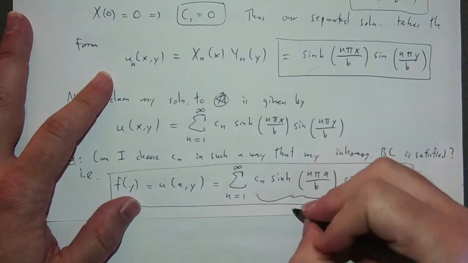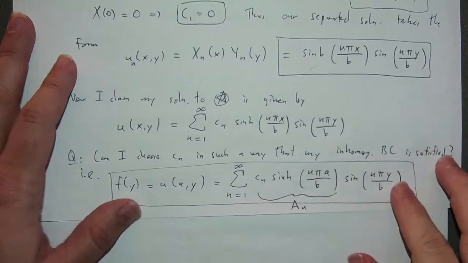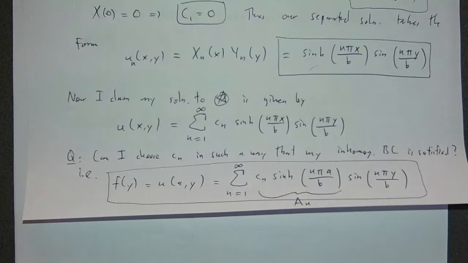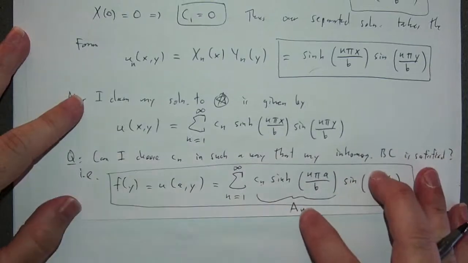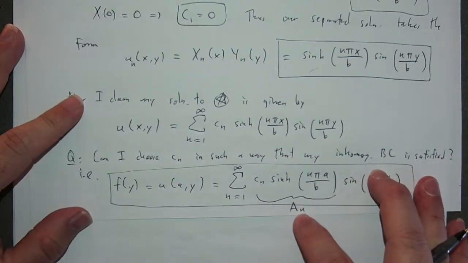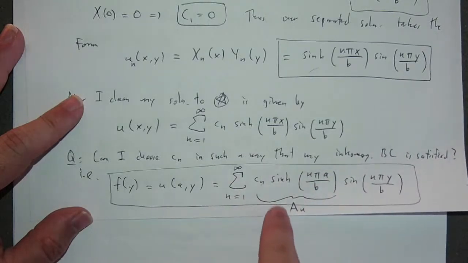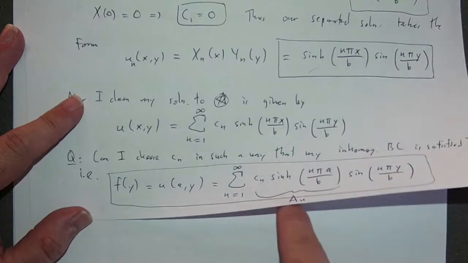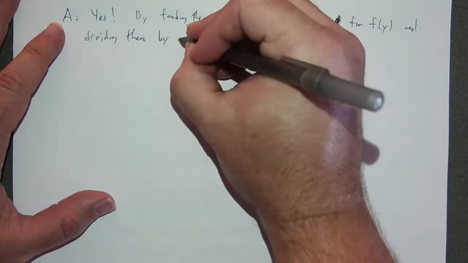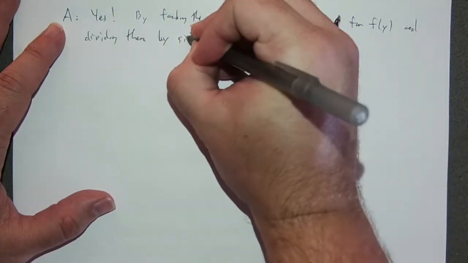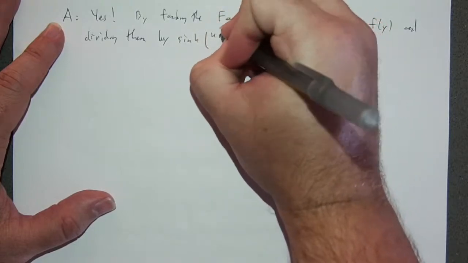Call this big A sub n, or b sub n or something like that. Now you could find the Fourier sine coefficients for this thing, which is going to result in dividing your result by sinh of n pi a over b.